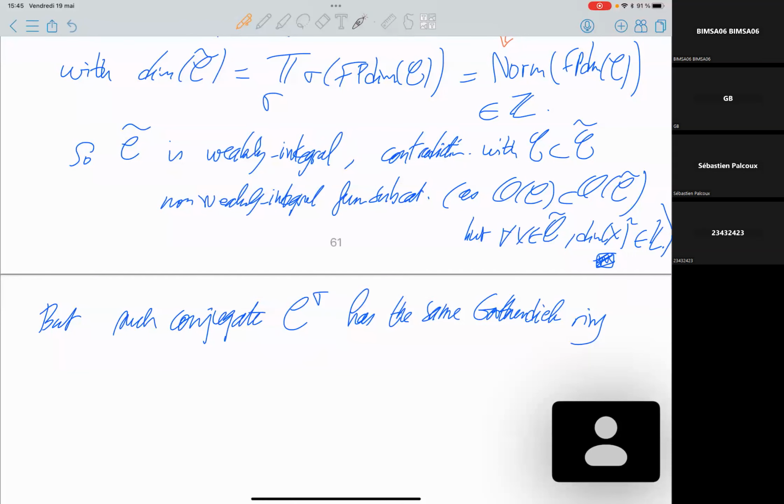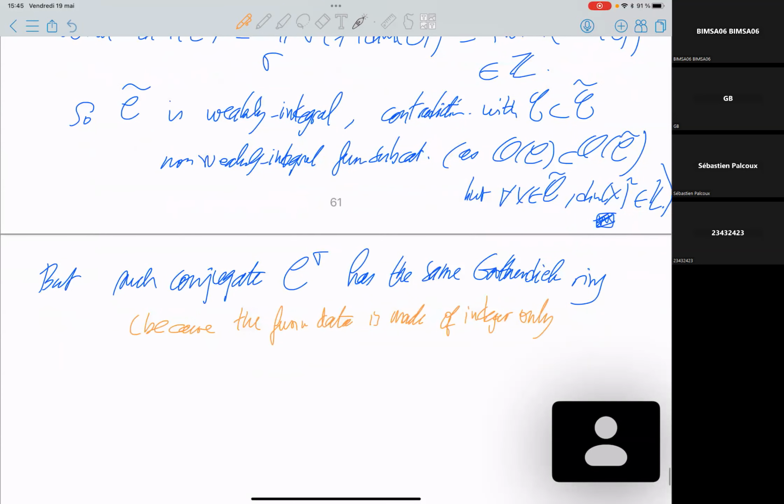So the same Grothendieck ring, because the fusion data is made of integers only. So invariant by Galois conjugation.